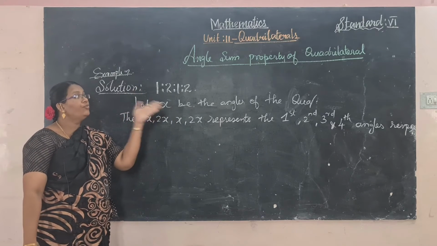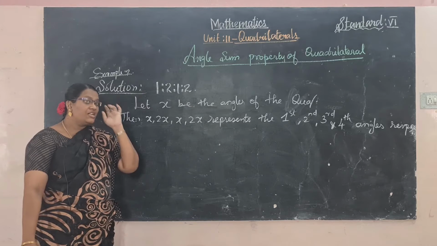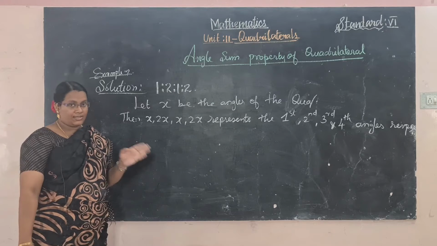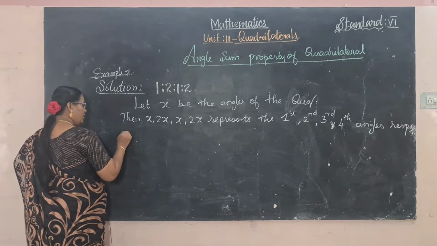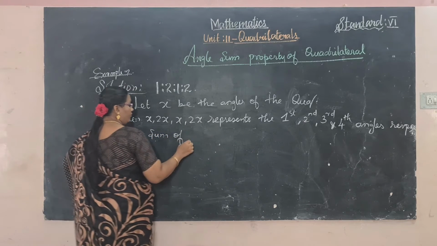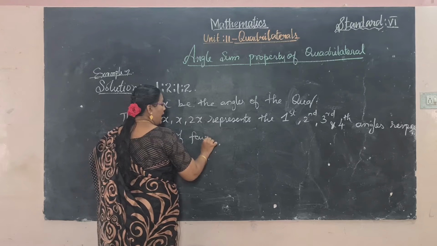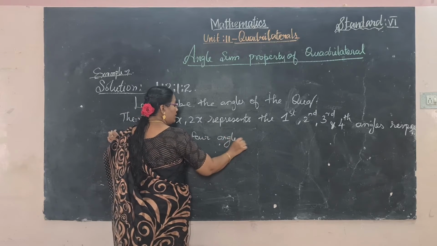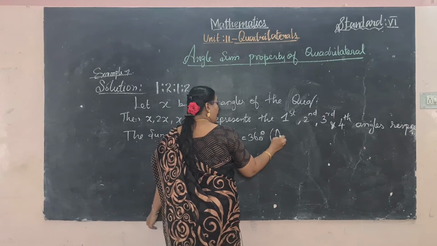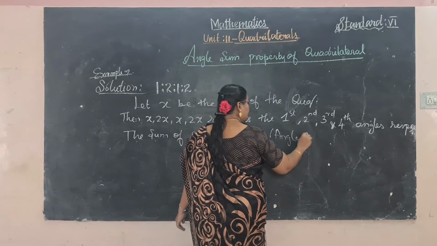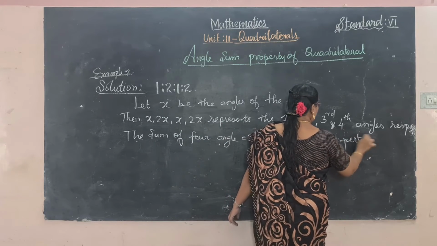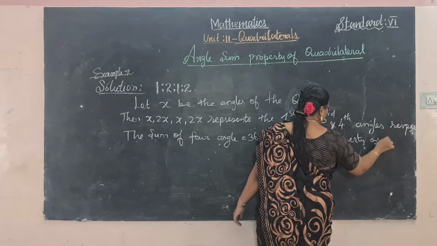Angle sum property of quadrilateral, which means the sum of four angles is 360 degrees. Here write angle sum property of quadrilateral.